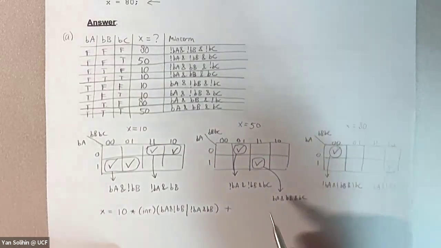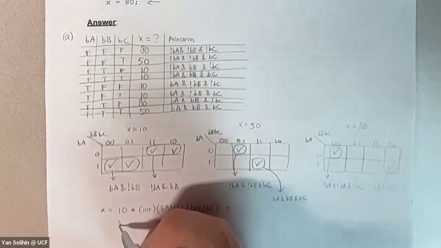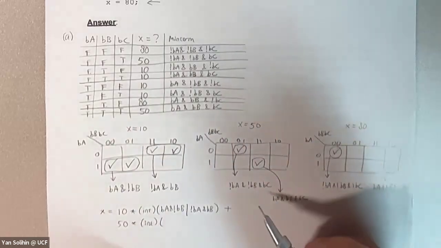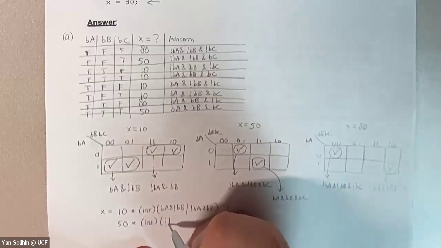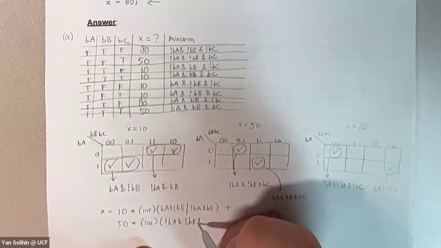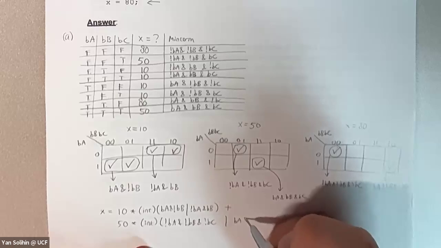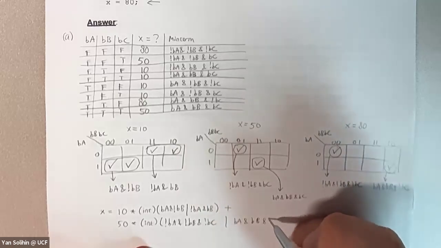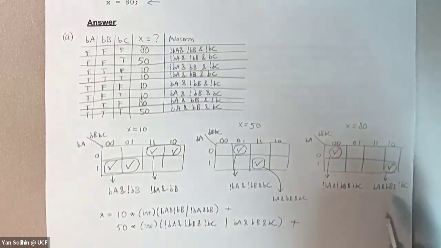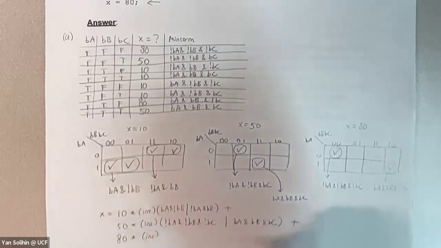Plus, and then next is for x equal to 50. So this will be not BA and not BB and not BC, or BA, BB, BC, plus the final one, which is the case of 80, int.